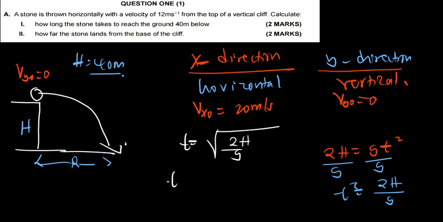Let's plug in the values. We find how long it was. 2 times h, which is 40, over g, which is 9.8. 80 divided by 9.8 should be 8.1. Now the square root of this is 2.9, or 2.85.